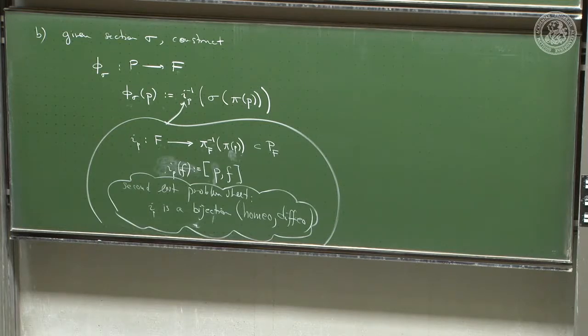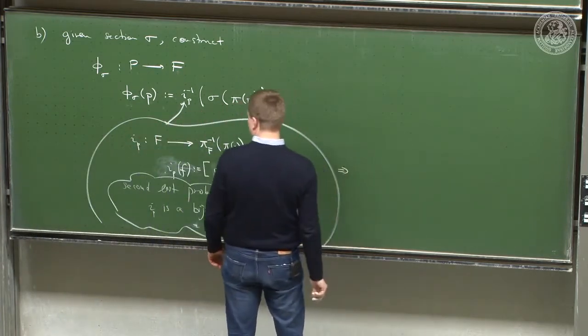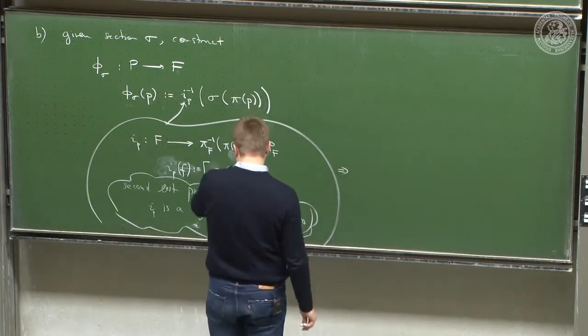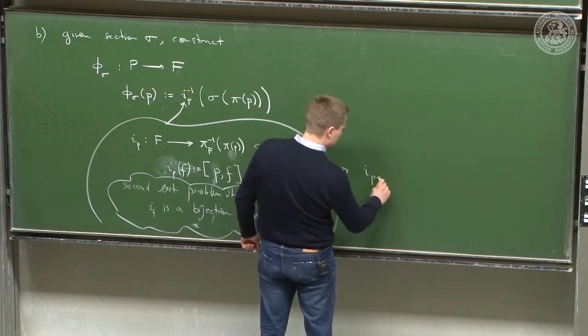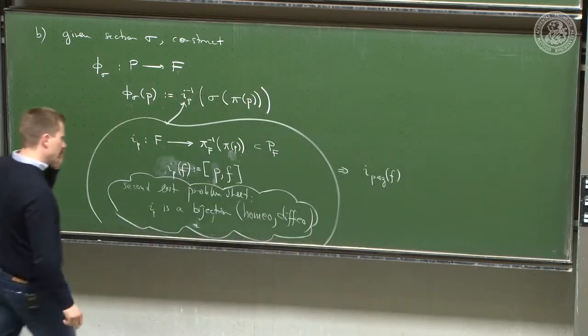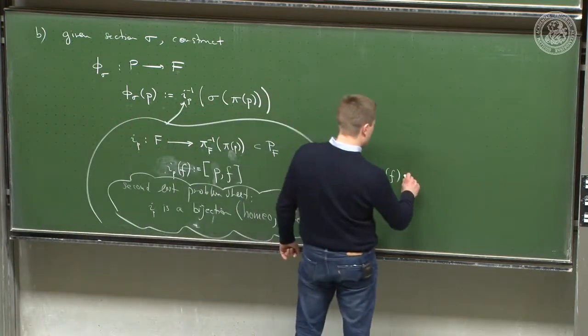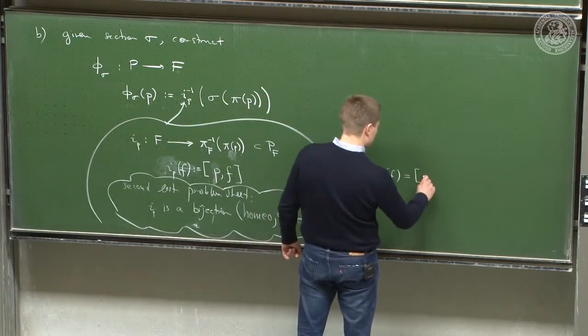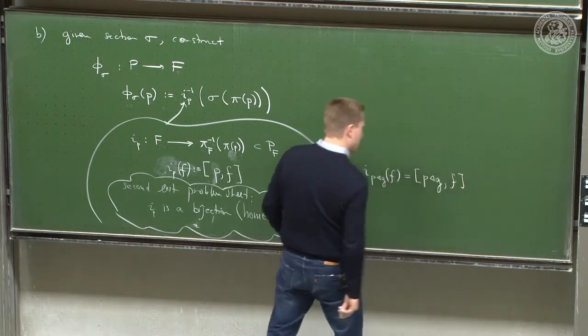So that was this thing. Now from the definition of this F here, we derive, and we'll use this in a second, that if you calculate this guy, I_P of P acted upon from the right by G, F, that is, of course, [P acted upon from the right by G, F].